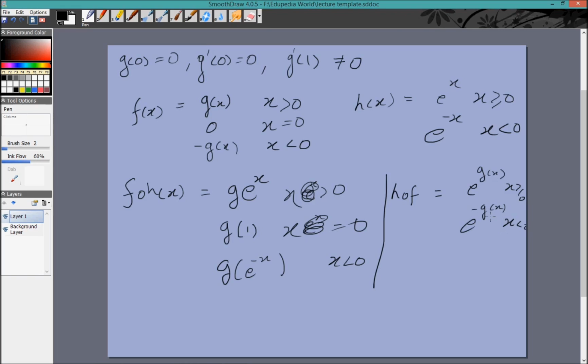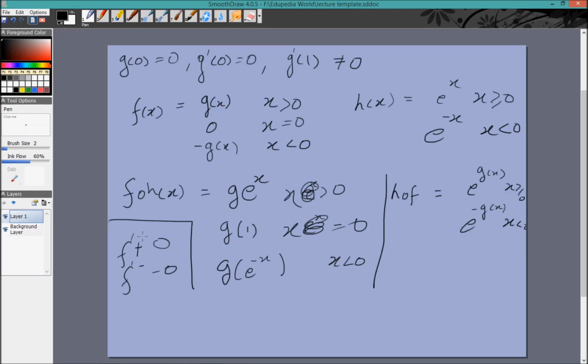So now let's look at f and h, the derivatives. f' on the plus side is nothing but g'(x), right. Now g'(x) is 0 because we are given g'(0) is 0. Similarly, f' on the minus side is minus g'(x), but again g'(0) is 0, so it is also 0.